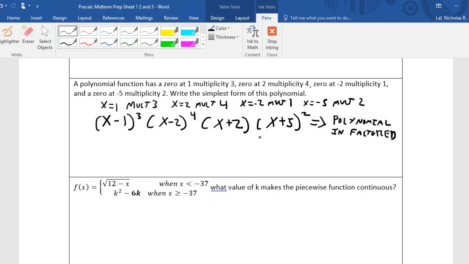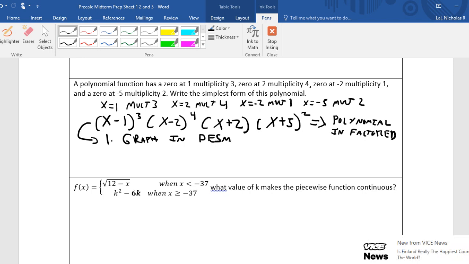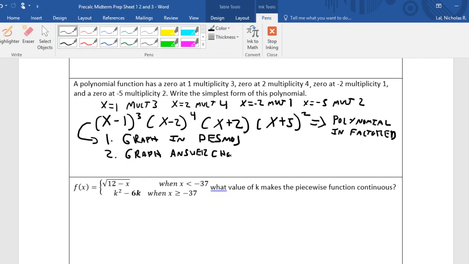All right, so our steps for this problem: you write 1, we have to graph in Desmos. 2, graph our answer choices in Desmos.